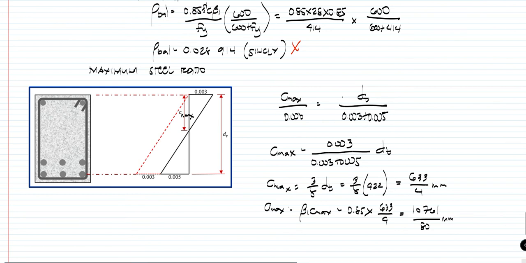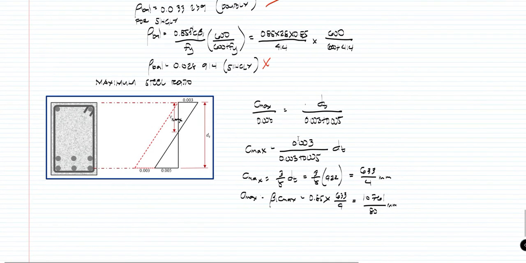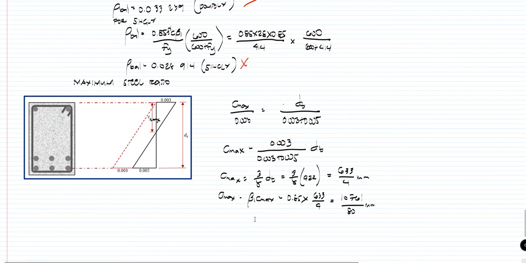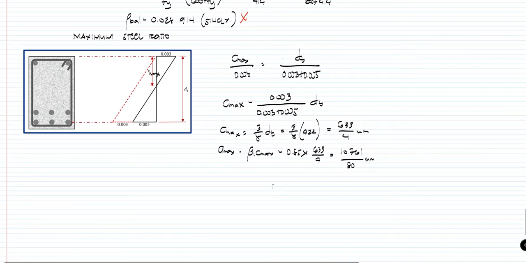Siyempre, bago tayo ulit mag-proceed in getting the maximum steel ratio, daan muna tayo dun sa steel stress niya. So, yung F'(S) natin for the condition of the maximum will be 600 times Cmax minus D prime divided by Cmax. That is equal to a value.